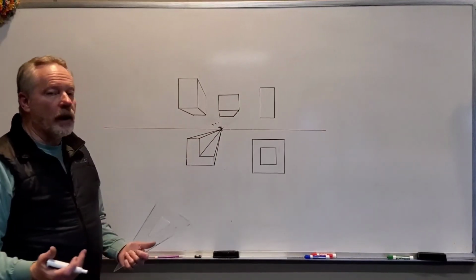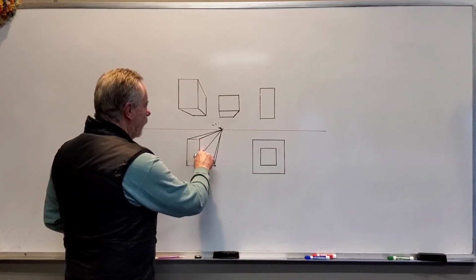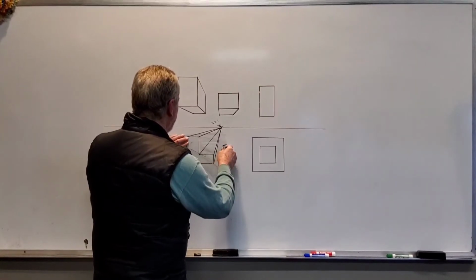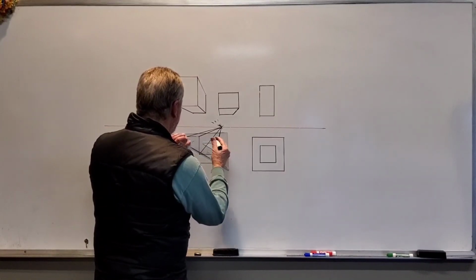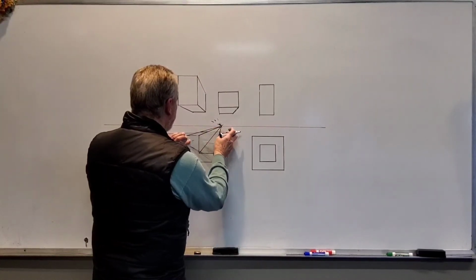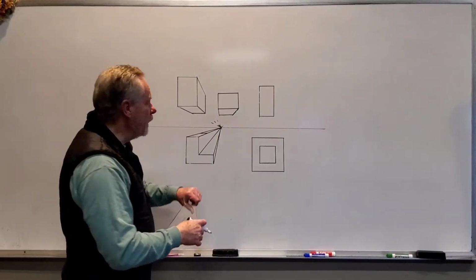I decide where I want the object to end, and I'm going to draw lines that are parallel to these lines. Once I've established where it ends, then I just connect all the intersections.